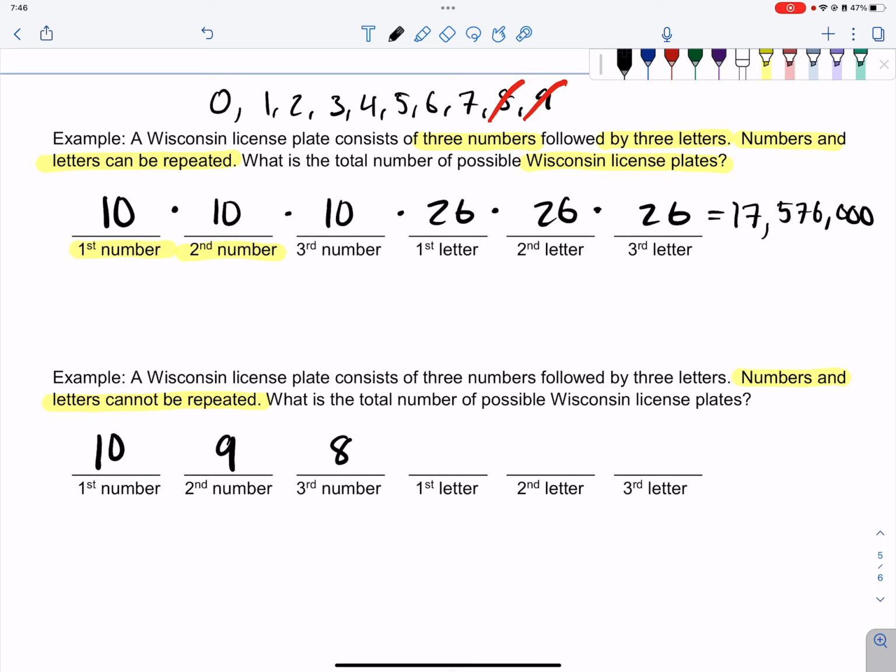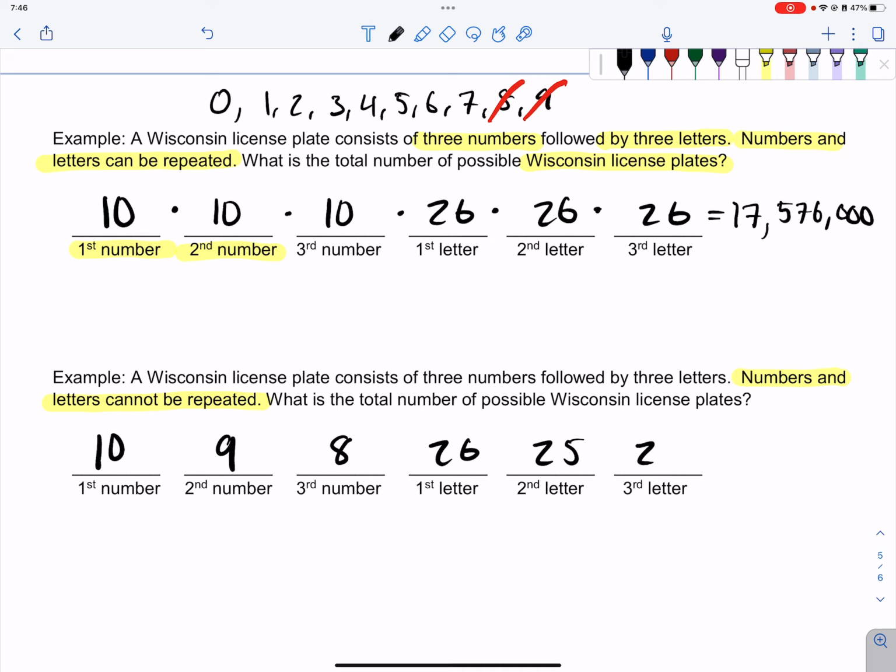And now let's move on to my letters. The first letter, there are 26 different options, but then they used one of those letters for that first one. So one of those 26 is gone, which means the second letter only has 25. And now for that second letter, they used one of those 25.